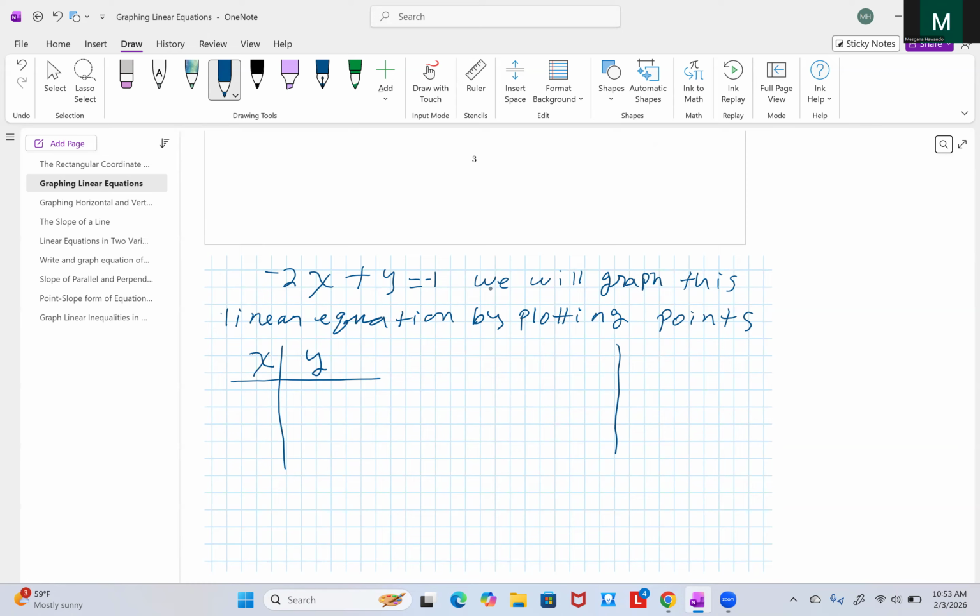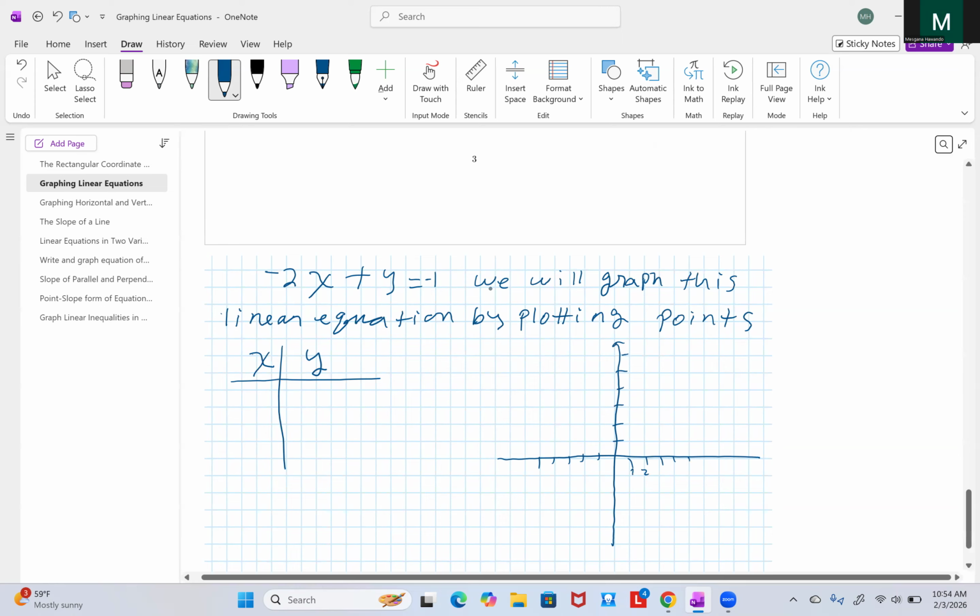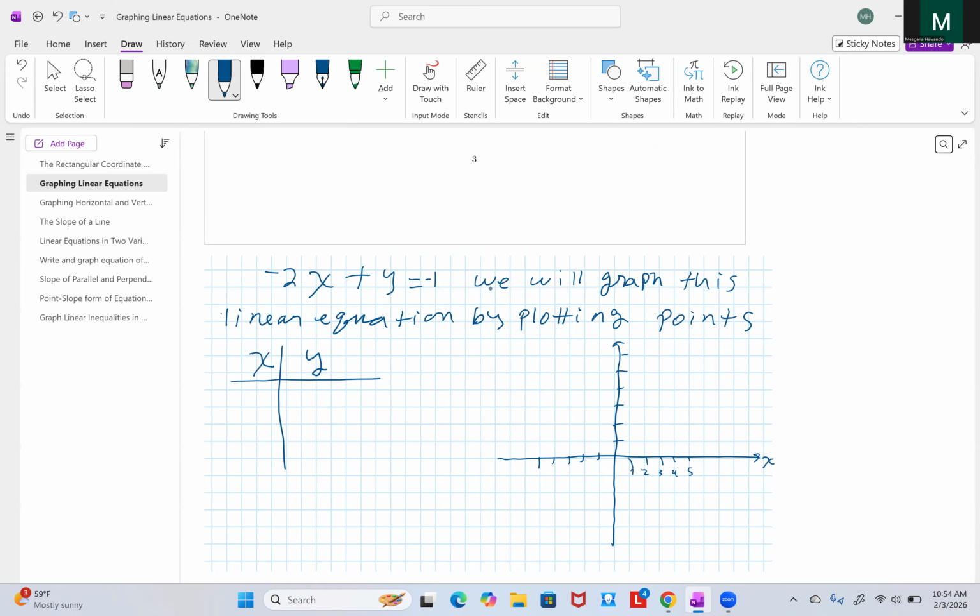Here is what we are doing. Each tick represents one unit. The horizontal axis is the x-axis, the vertical axis is the y-axis.